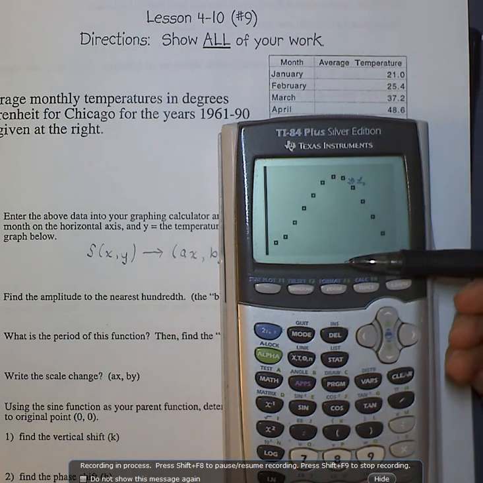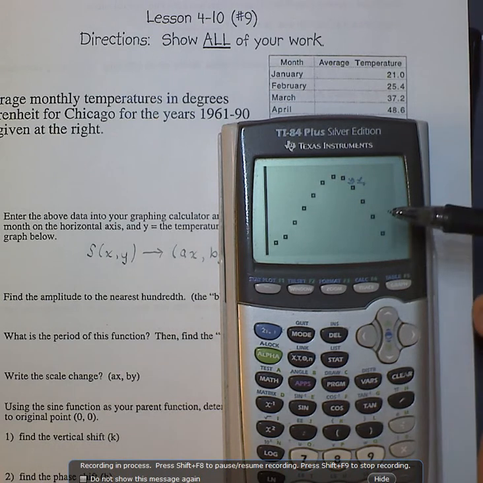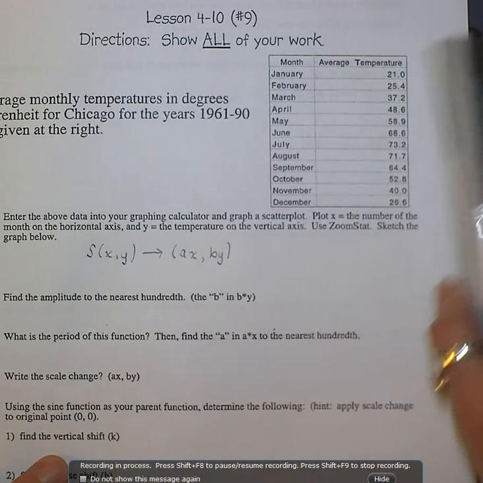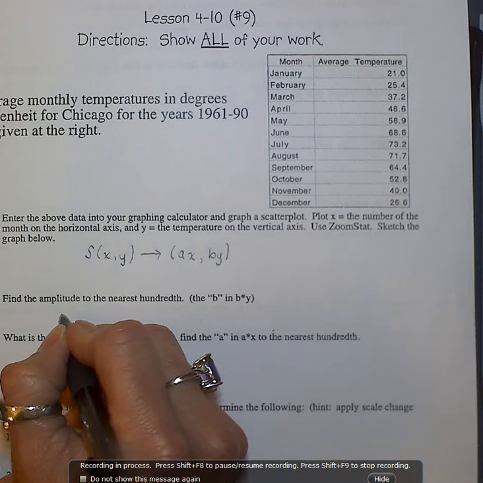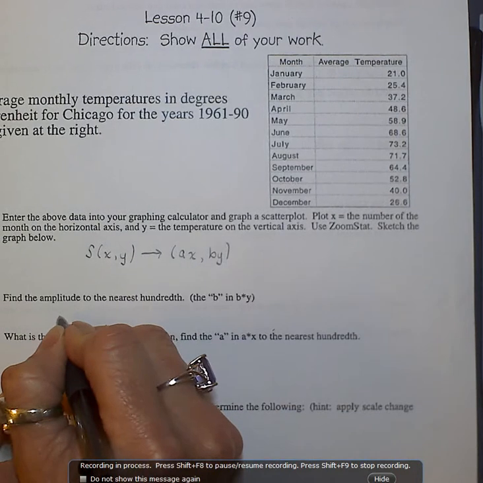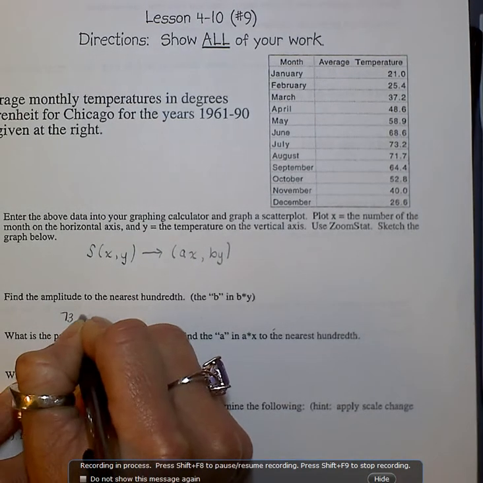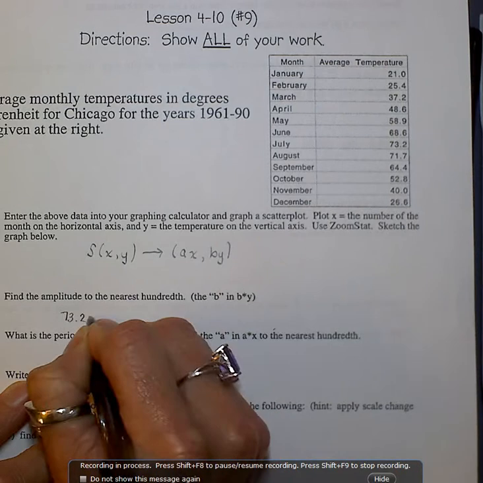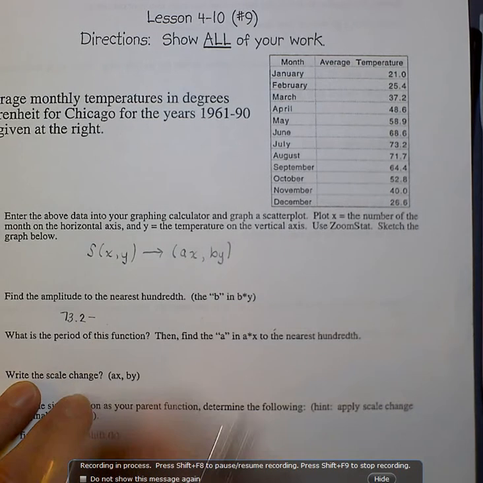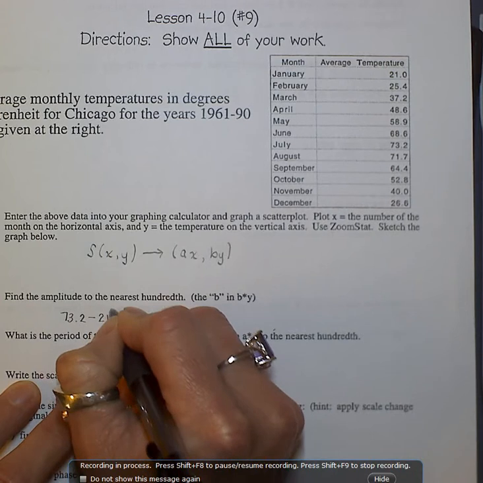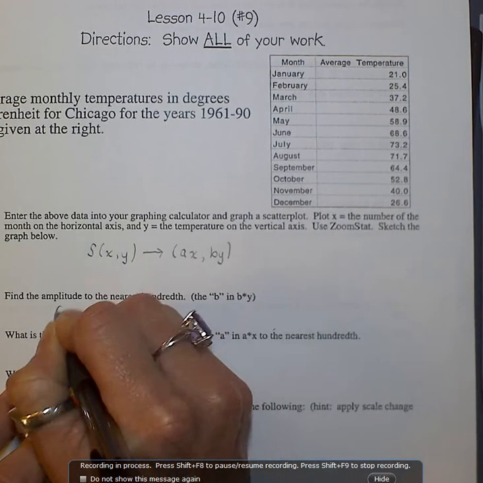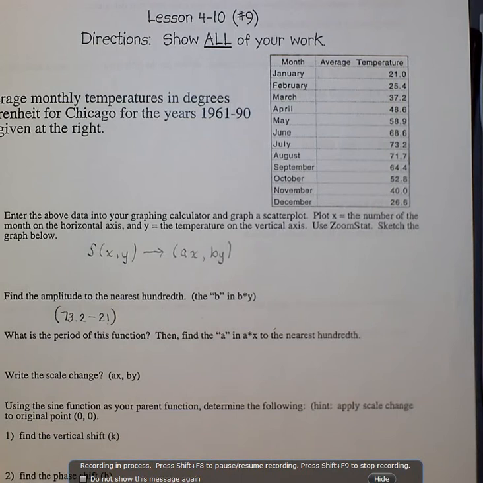Well, that's obvious right in the data, isn't it? Okay? So our highest temperature was what? 73.2, and our lowest temperature was 21. So the distance from highest to lowest can be determined by subtracting those. And then like Alex was remembering, amplitude is half of that distance.